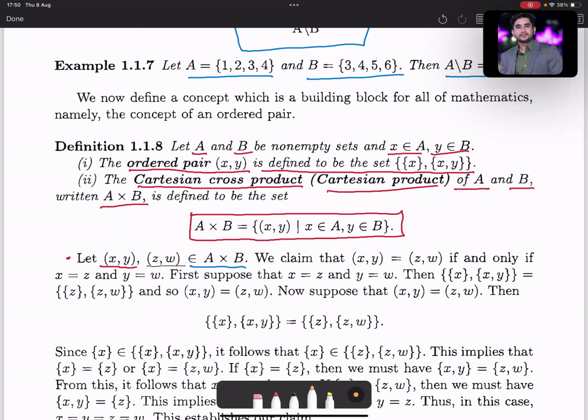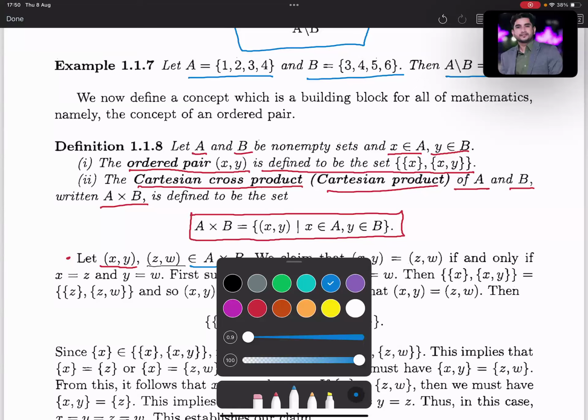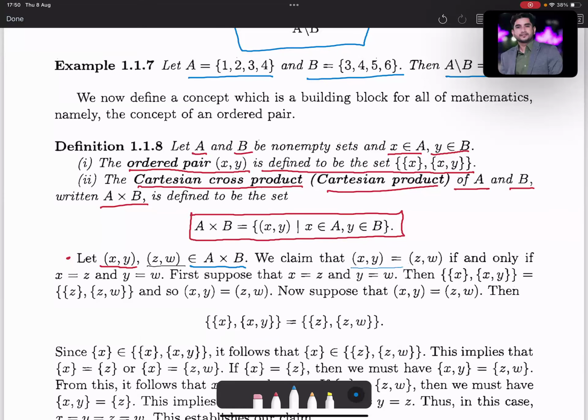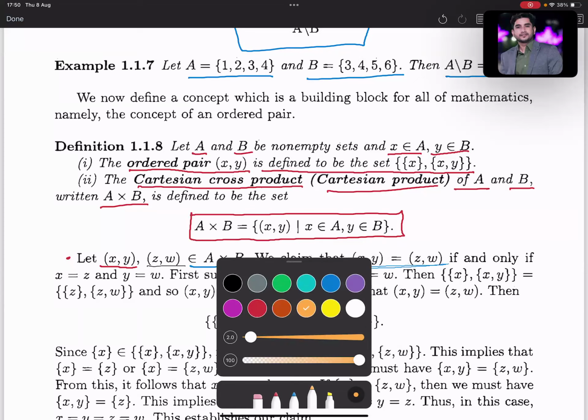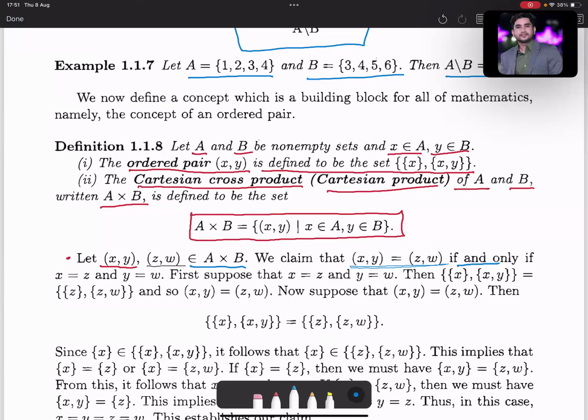We claim that these two ordered pairs are the same if and only if x is z and y is w.